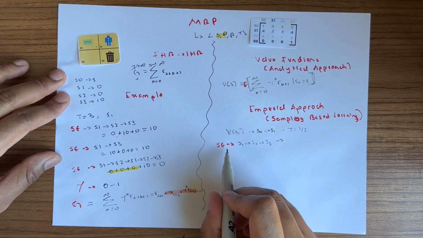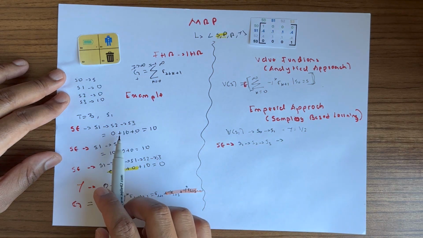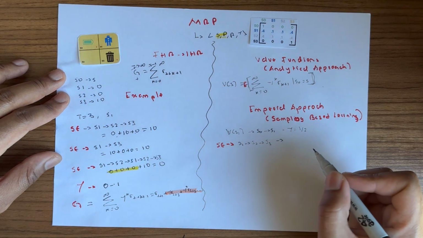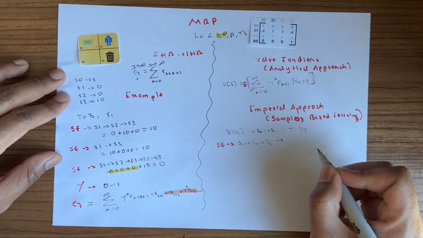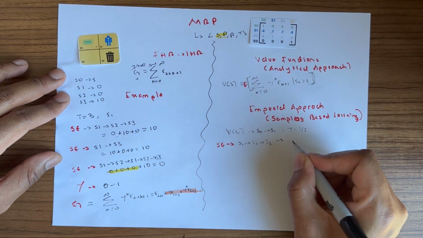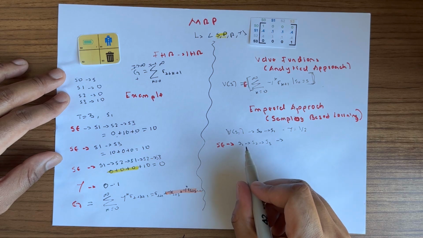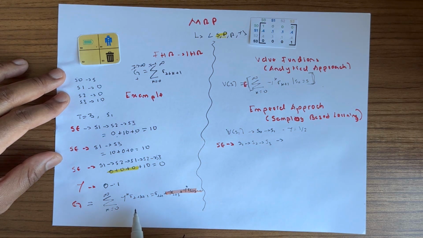So what is the return here? We are actually going to be using this formula. I actually forgot to give you an example for this particular formula. I think I skipped it.